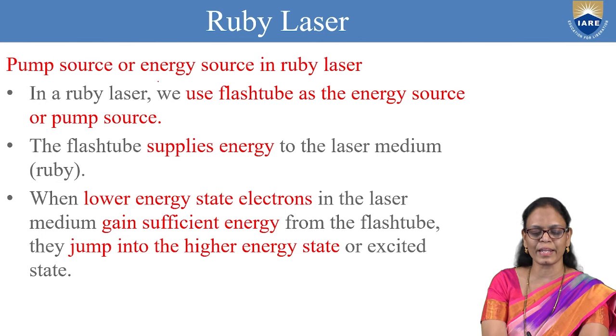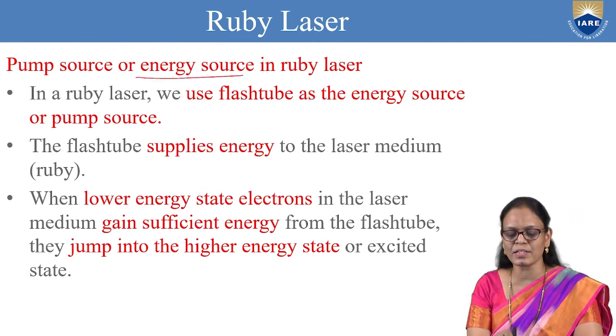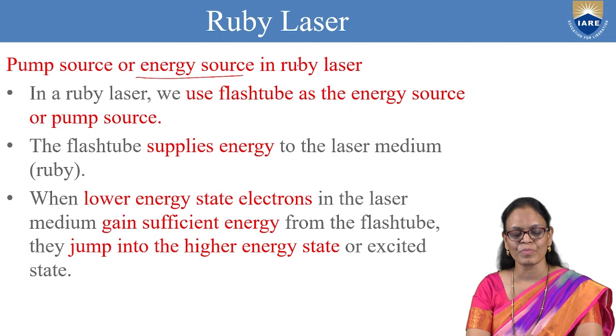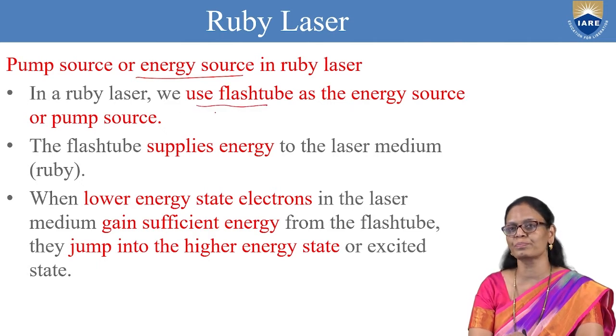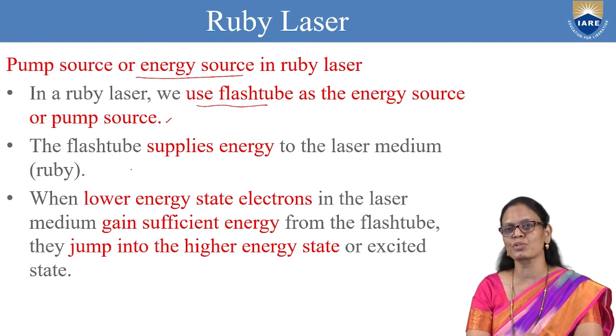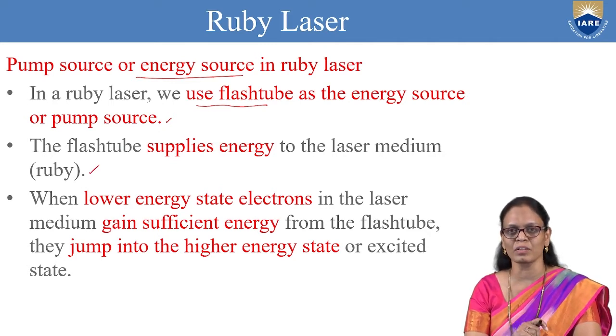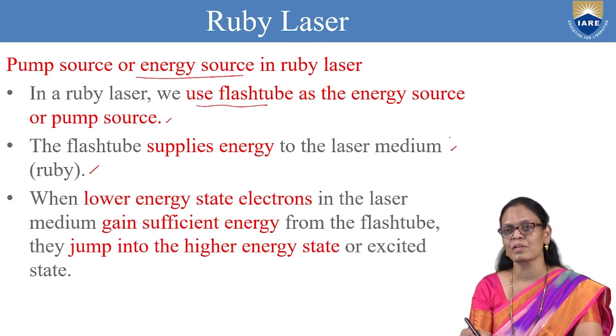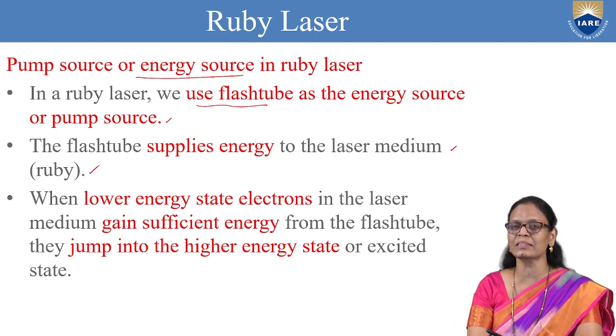Now the second thing is the energy source. What is the energy source we are using here in the ruby laser? We use a flash tube as the energy source or pump source. This flash tube supplies the energy to the laser medium. The flash tube will be filled with a gas like argon or krypton. Once you have the active medium, you need energy to pump the atoms to the higher level, so what we are using here is the flash tube.